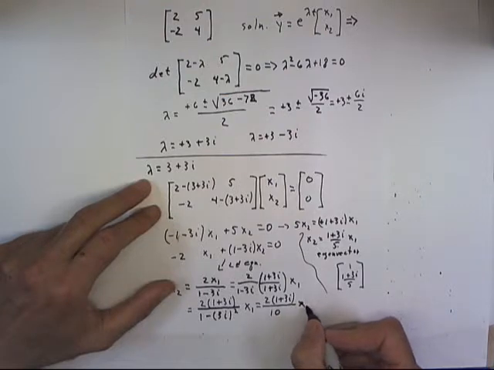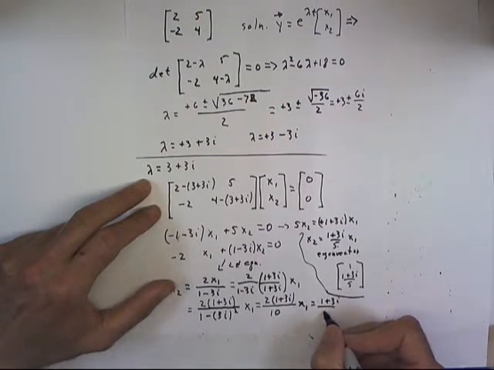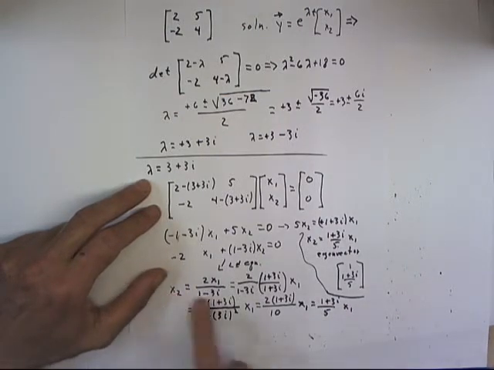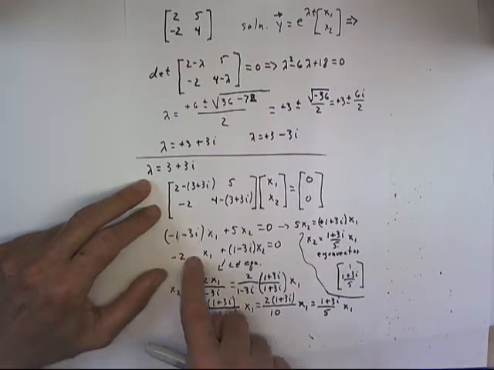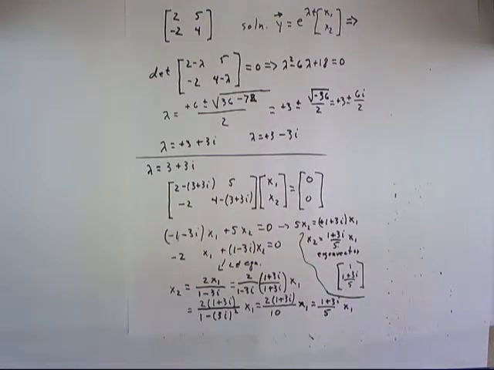And that's, of course, times x1. And that ends up being 1 plus 3i over 5 times x1. In other words, x2 is again 1 plus 3i over 5 times x1, so this equation gives us the same identical solution this equation does.